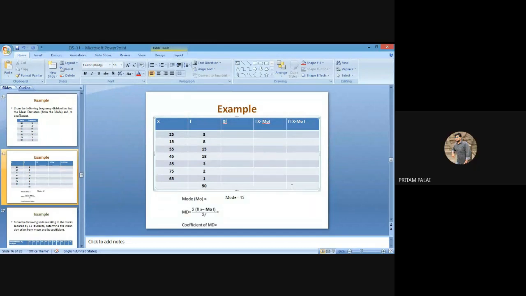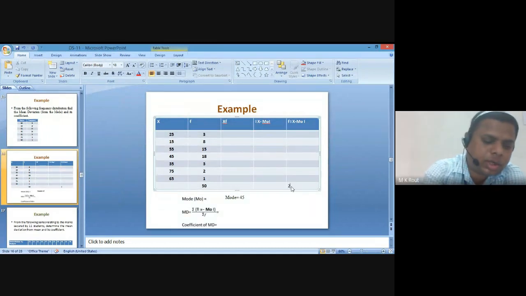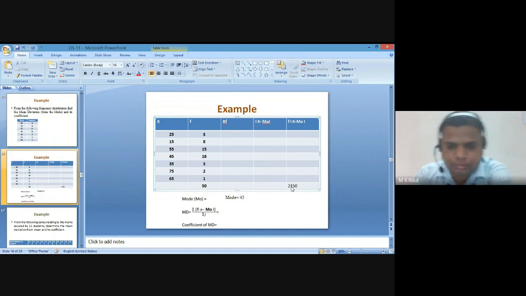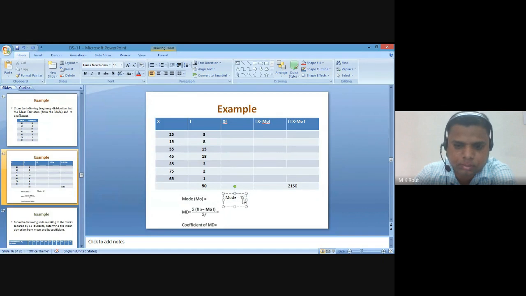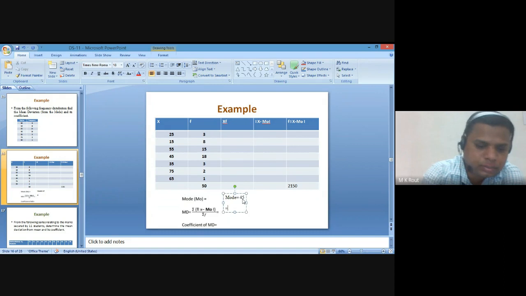So 2150. And what is the value of mean deviation?